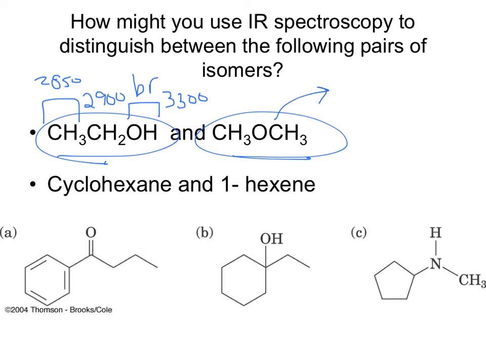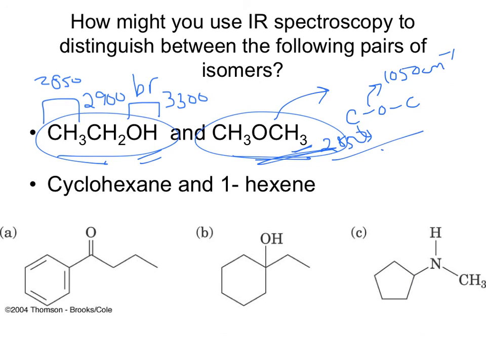In case of the ether, you're not going to see the 3300, so absence of the 3300 in the dimethyl ether spectra will distinctly differentiate between the two. You will see the C single bond O in this case, however, at around 1050. And there'll be a free methyl for that at 2850.